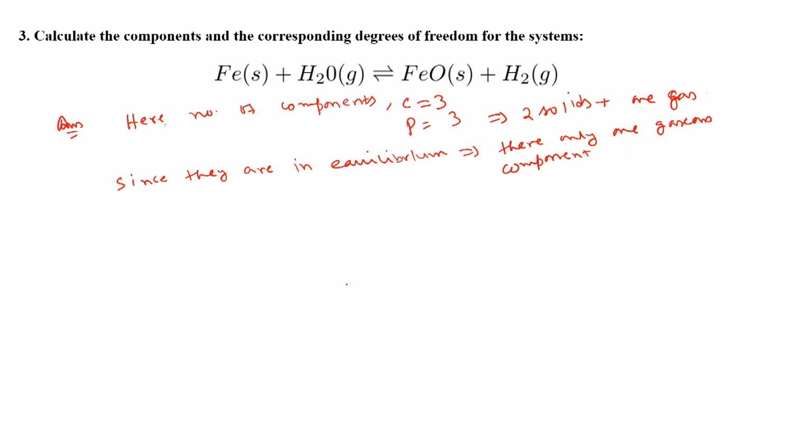So we write F is 3 minus 3 plus 2. So we get 2.